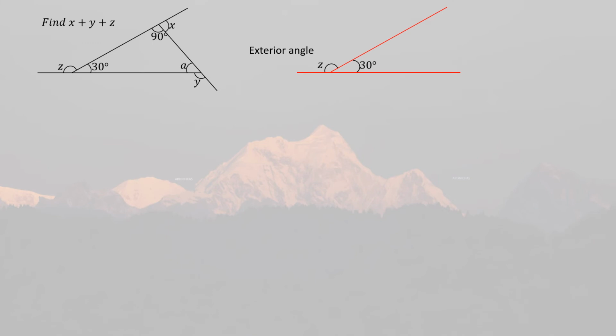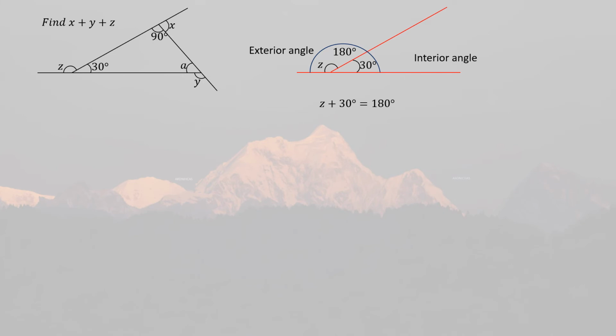We have this 30 degree which is inside, so we call it interior angle. Now if we add this, we know that z plus 30, because this is a straight line, and we very well know that a straight line is equal to 180 degree. So we can write z plus 30 degree as 180 degree.